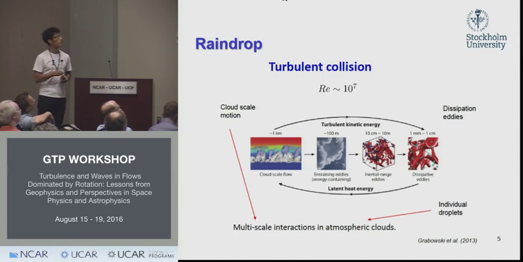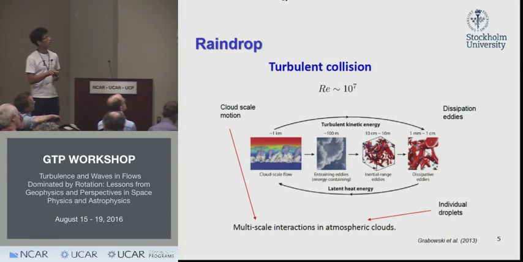So what is the mechanism proposed to solve this bottleneck problem? It is turbulent collision. In clouds the Reynolds number is about 10^7, so it is a very turbulent environment. We have cloud-scale motion with a size of about 1 kilometer, down to dissipative eddies with a size of about 1 millimeter.